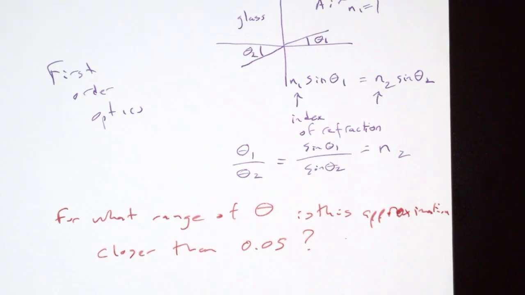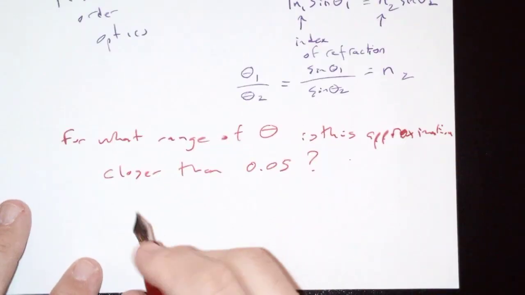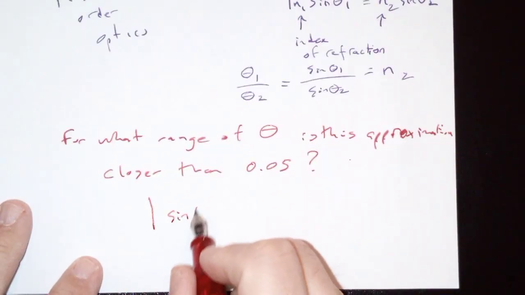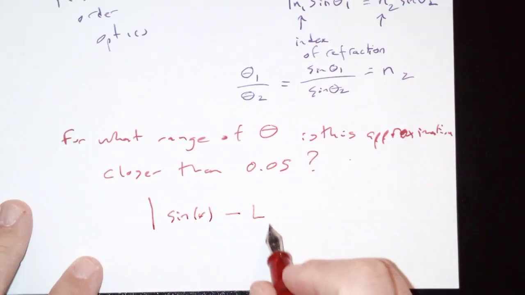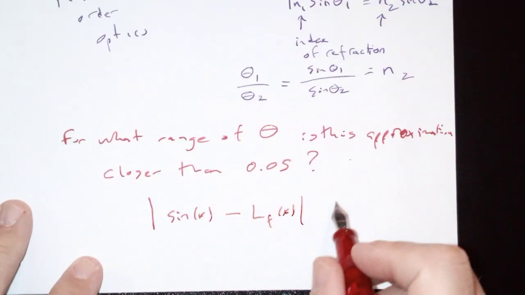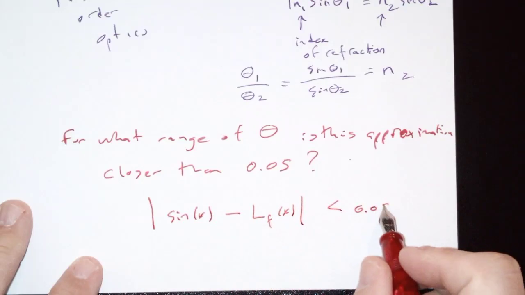This is an epsilon delta idea. How close do I have to get to be close enough? And in this case, close enough is 0.05. So I really want to know where sine of x minus the linear approximation of x is less than 0.05.